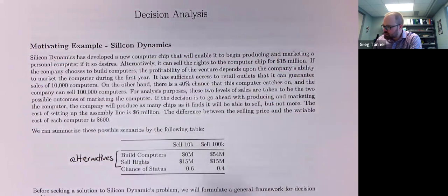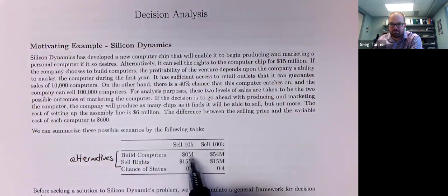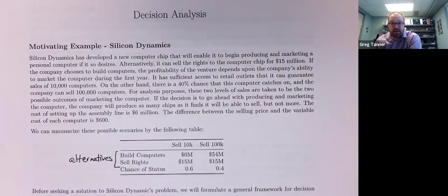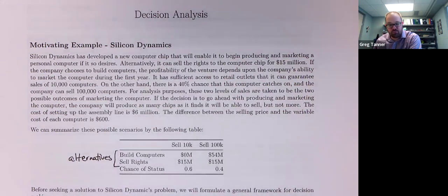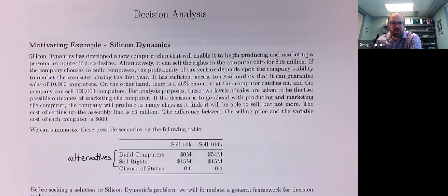So the worst they can do is get 0 million and break even if they only sell 10,000 computers. But they think there's a 40% chance that the computer catches on and goes broader in the market, and then they're able to sell 100,000 computers, 10 times as many at that same profit margin minus the 6 million setup. They'd expect to get 54 million as a result.